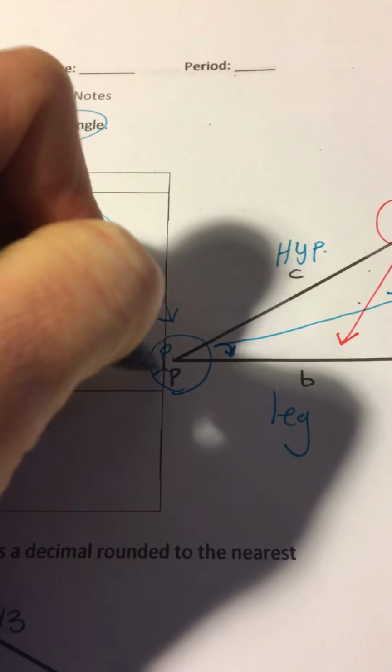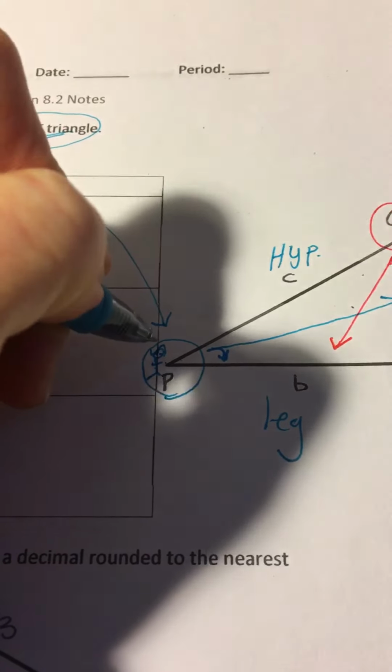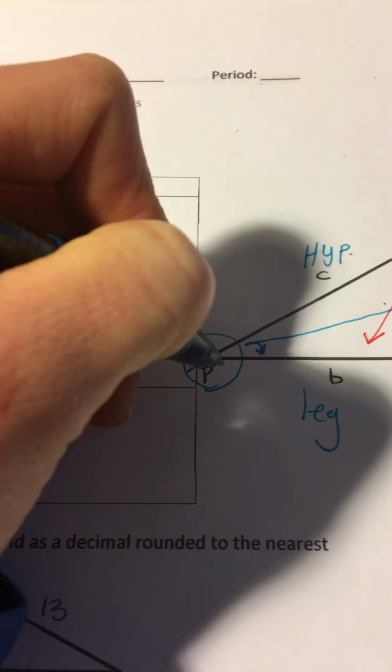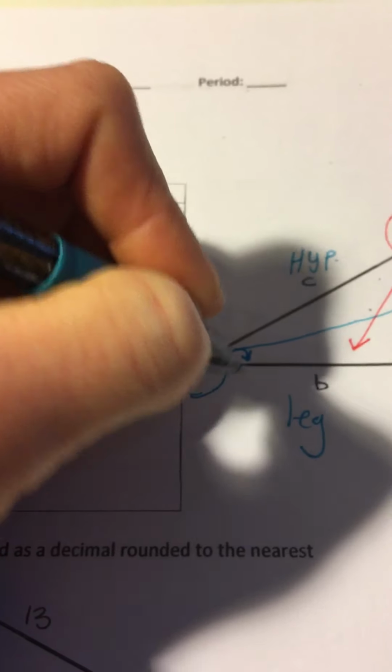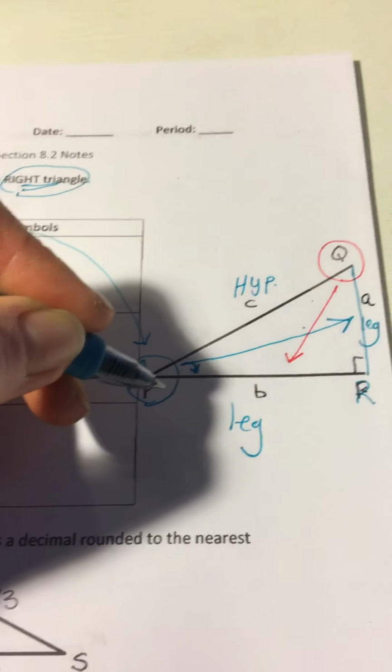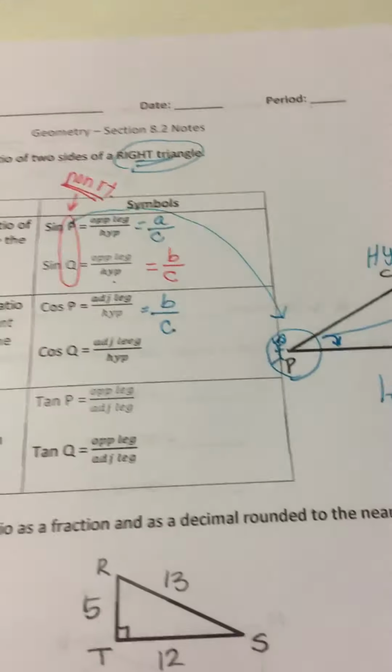Right? And when I'm talking adjacent, remember, I mean next to. If you're standing right here and you turn sideways and look at the leg adjacent to you, it's going to be side B. That's how I get adjacent there.